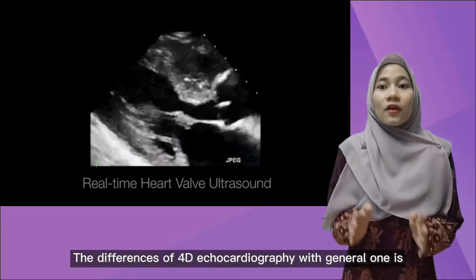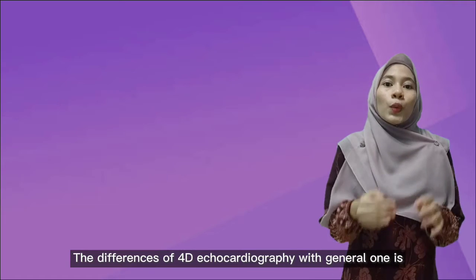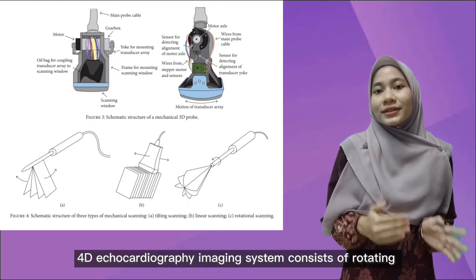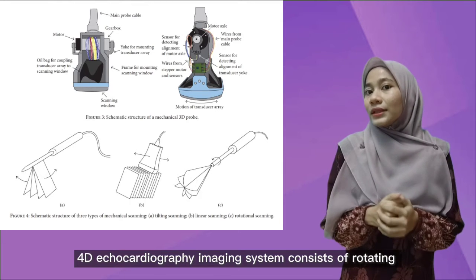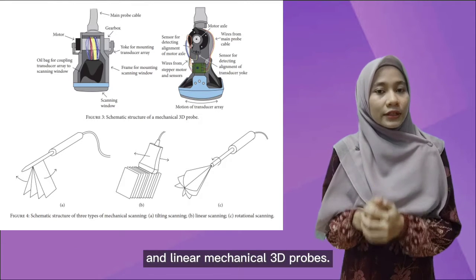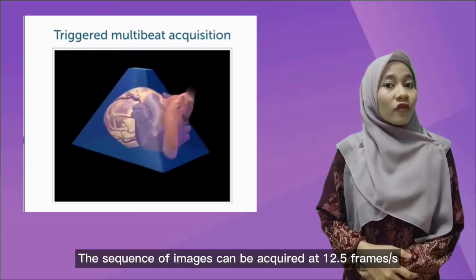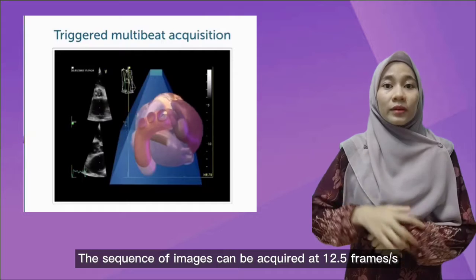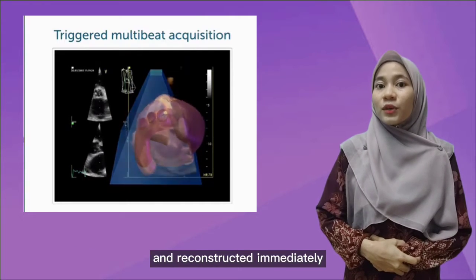The difference between 4D echocardiography and the general one is that the 4D echocardiography imaging system consists of a rotating and linear mechanical 3D probe. The sequence of images can be acquired at 12.5 frames per second and reconstructed immediately.